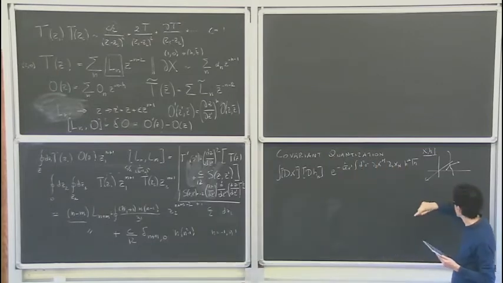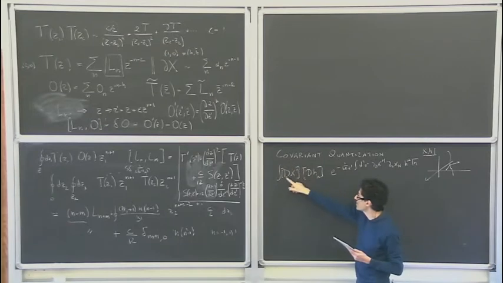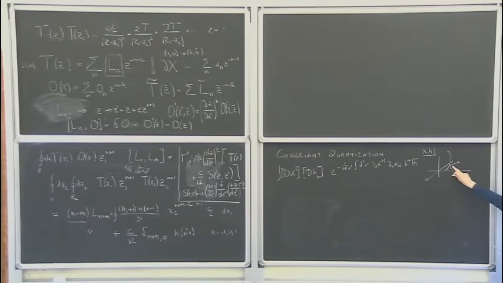So intuitively, what you want to do is to restrict this integral to the pink region and just take away the contribution of the gauge orbits, the directions that are defined by the gauge transformation.